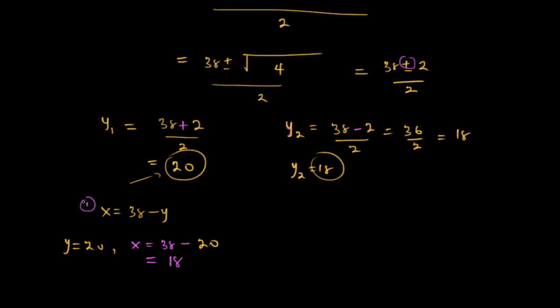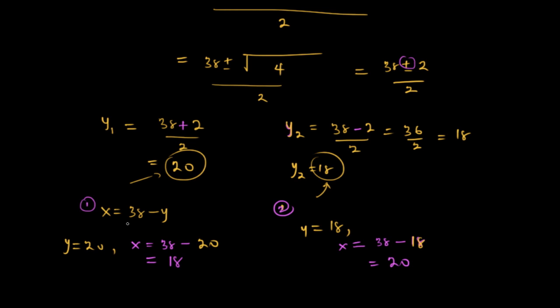So this is for the first one. And then for the second one, when y is 18, x equals 38 minus y, that is 38 minus 18, which gives 20.